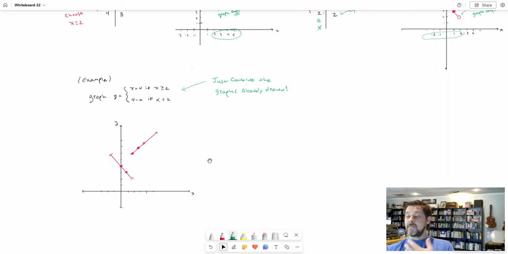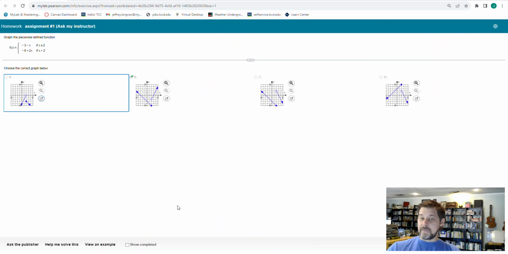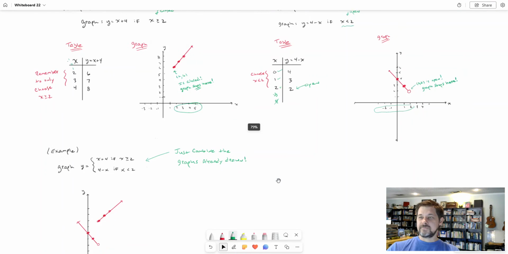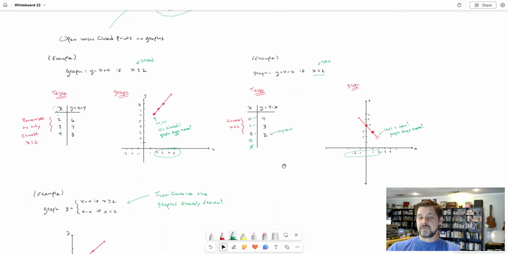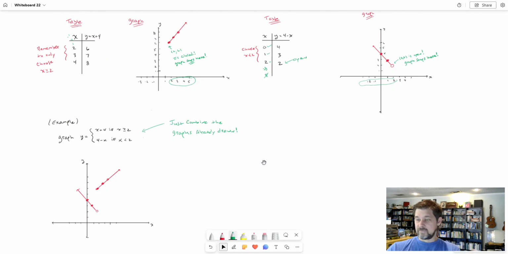If I was doing a question on my math lab, let's say, I could sketch this out on paper, graphing these individually the way that I just showed you, and then I could figure out which one was correct. I'll leave that to you for this particular problem, but that's how we can address the initial question of looking at the answer, the graph, whatever it is, and noticing the difference between an open point and a closed point.